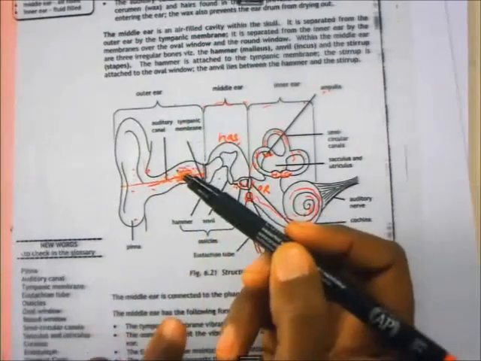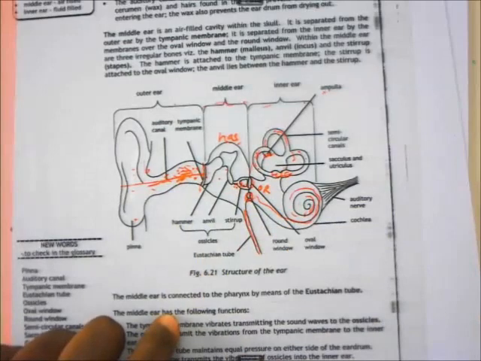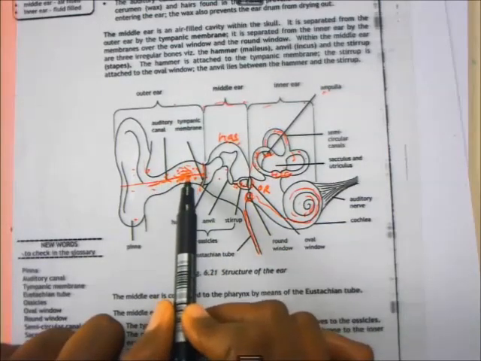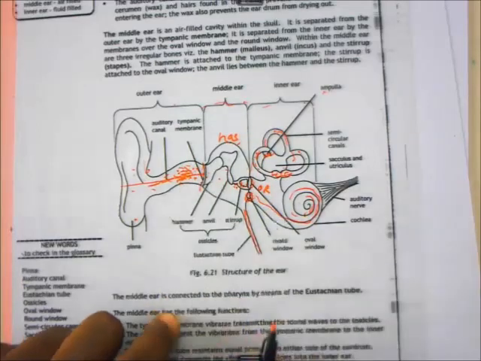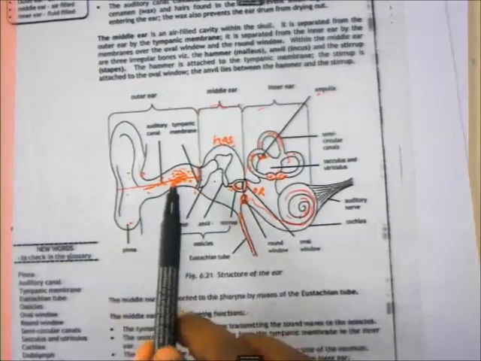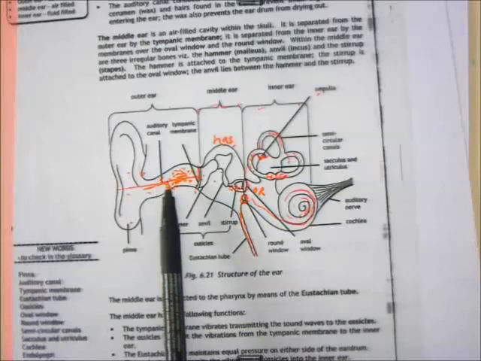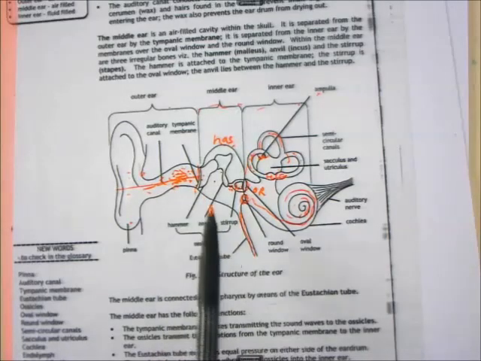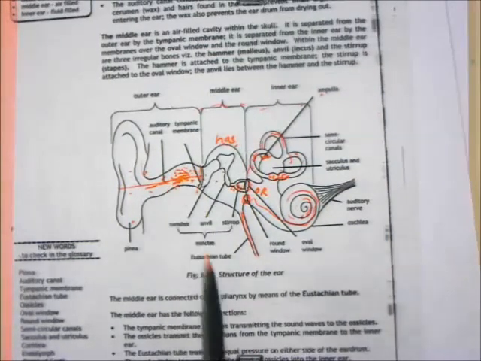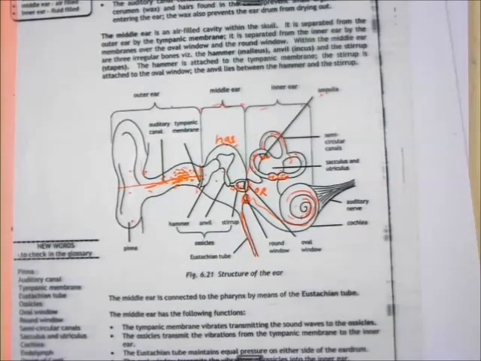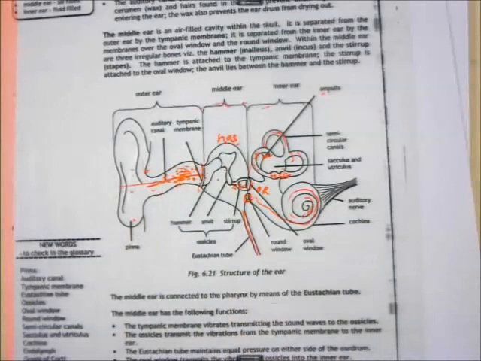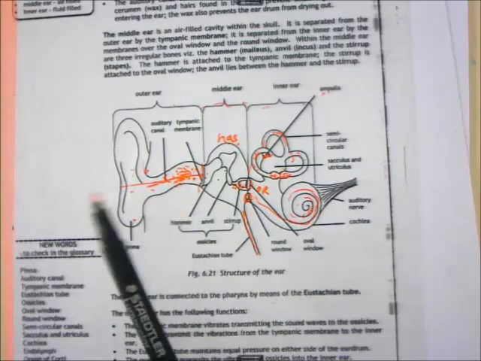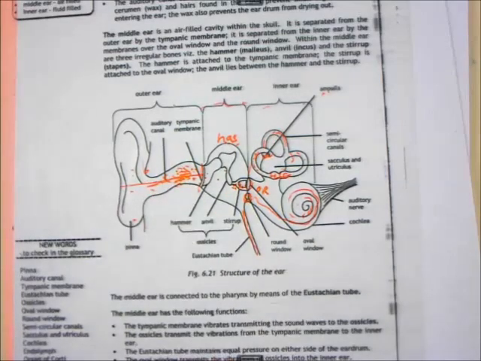But however, if there is too much wax and then it becomes hard inside the auditory canal, that wax can impair hearing, meaning that it can cause a person not to hear properly. So normally what is done if there is this accumulation of wax inside the auditory canal?